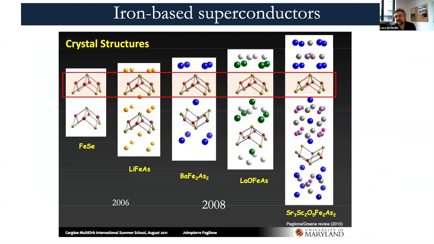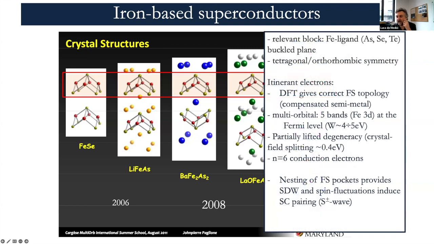This is because these are quintessentially multi-orbital correlated materials. All happens in a buckled plane of iron and ligands in the different families. This plane has a partially lifted degeneracy, but all 5 orbitals participate in the conduction bands, are of 3d origin of iron, and they host 6 electrons in 5 conduction bands. So this is not half filled, but is the next integer filling.